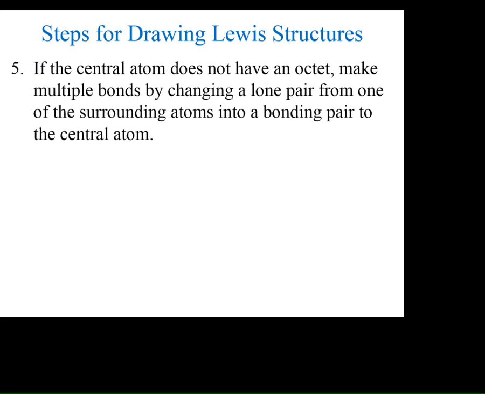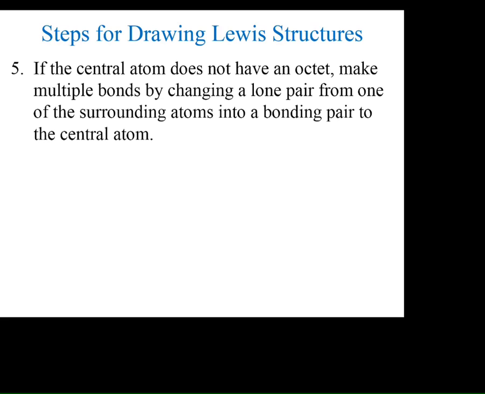Okay, last step. Make sure the center atom has an octet. If it does not have an octet, begin turning non-bonding pairs or lone pairs into bonding pairs. I'll show you what that means in a second. But basically it says, if the center atom still doesn't have an octet and you've used up all of the electrons, then start taking those non-bonding pairs, those lone pairs, and start making them into bonding pairs.